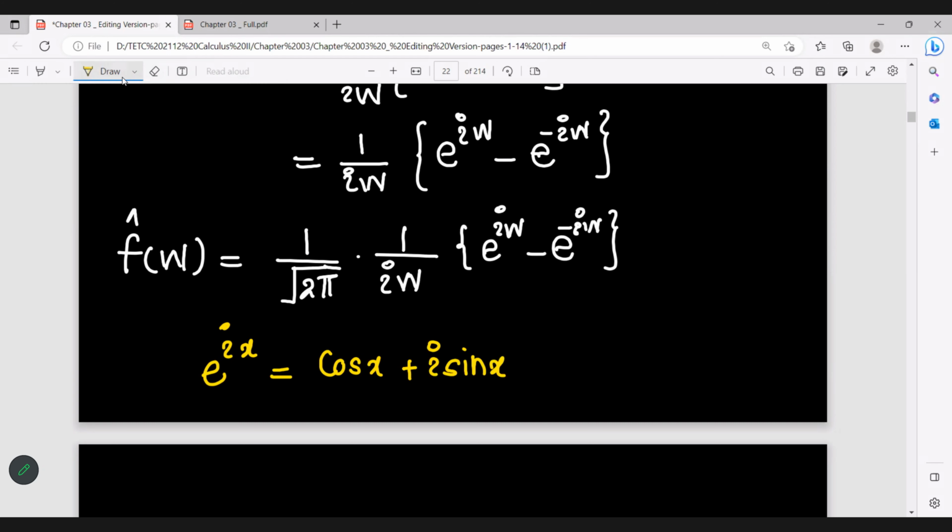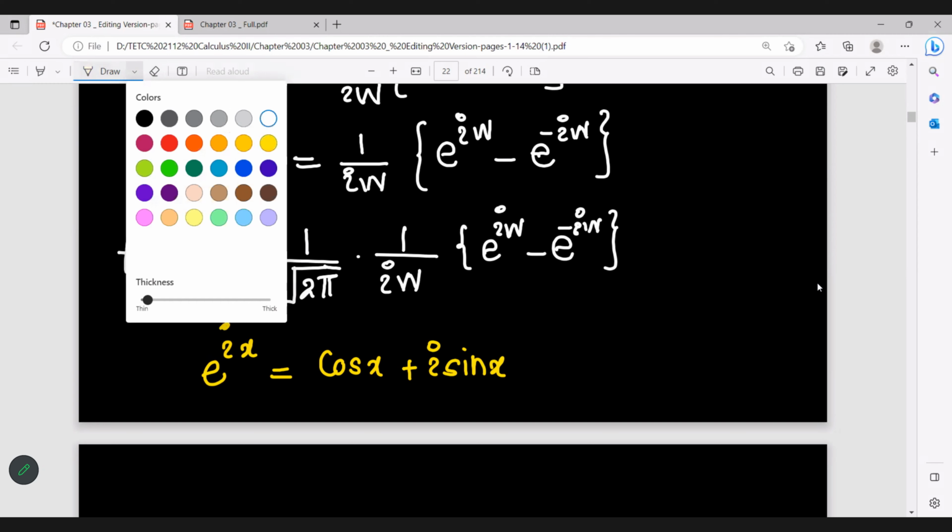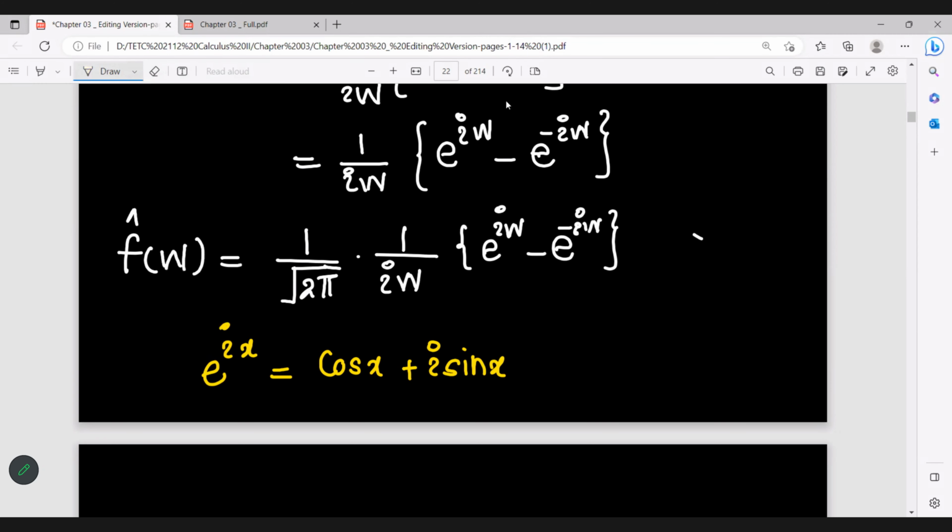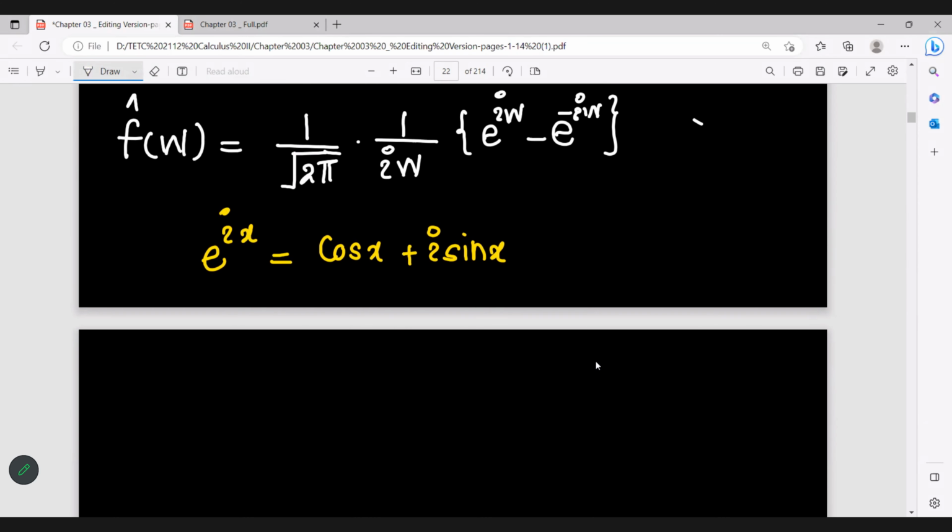So here we have a function which consists of w terms, so we can write Euler's formula for this e to the power iw. Okay, tell me.